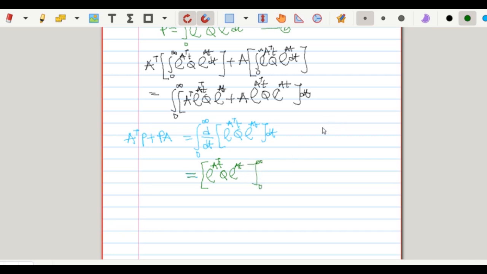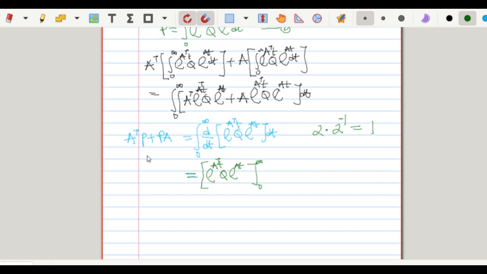By that I mean, say you have 2 multiplying 2 raised to the power of minus 1. This is the same thing as 1, because 2 inverse is the multiplicative inverse of 2, which means multiplying each other gives 1. So if integration is the inverse of differentiation, then multiplying the two of them gives 1.